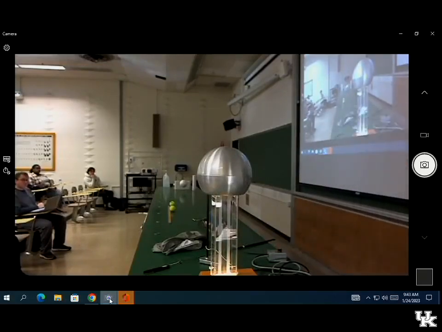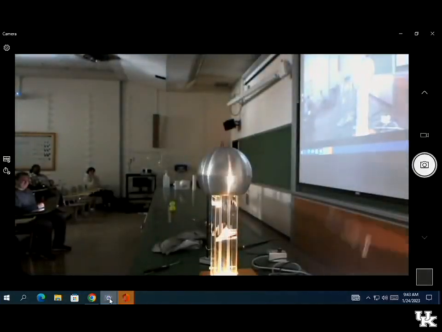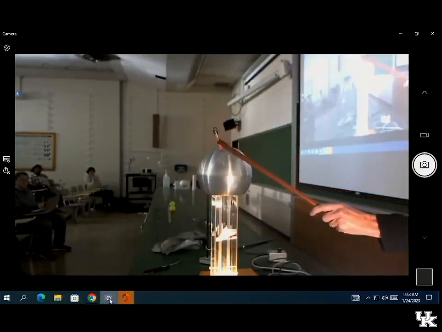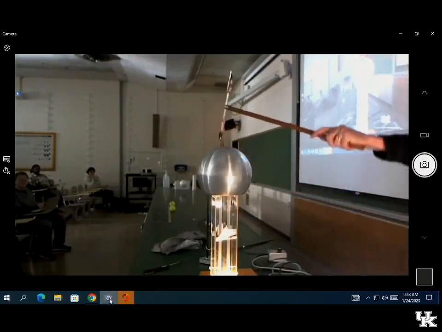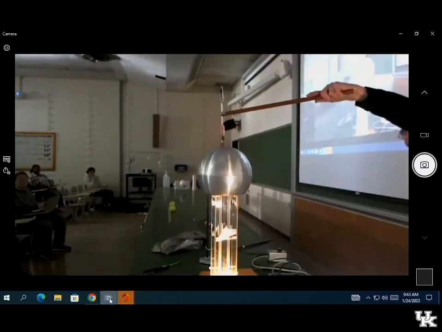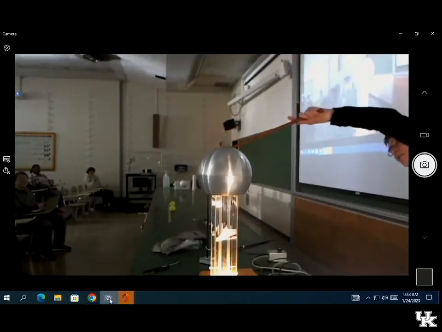So I'm going to set the mood by turning the lights out. And I hope you can see it's this sort of yellowy, orange, tangerine light of the neon.